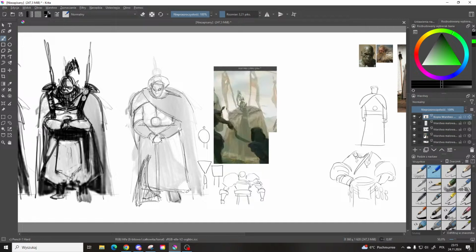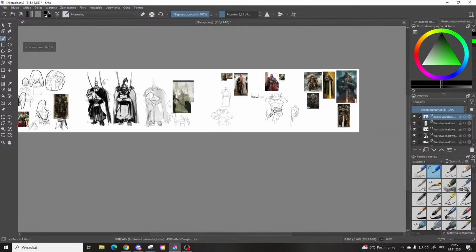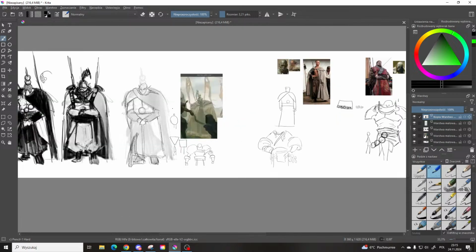I think giving him actual Cossacks hat doesn't work. Yeah, maybe just a different helmet with the same idea of the skulls. The one that is not covering his entire face.